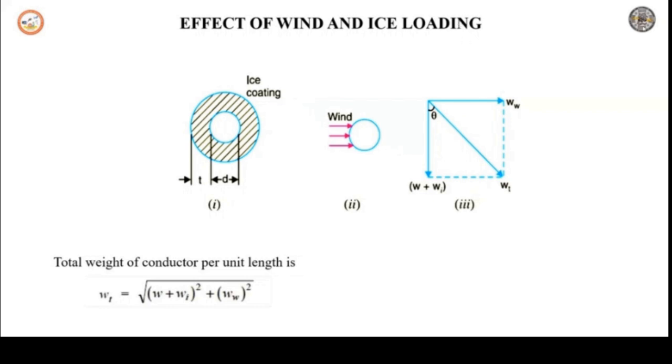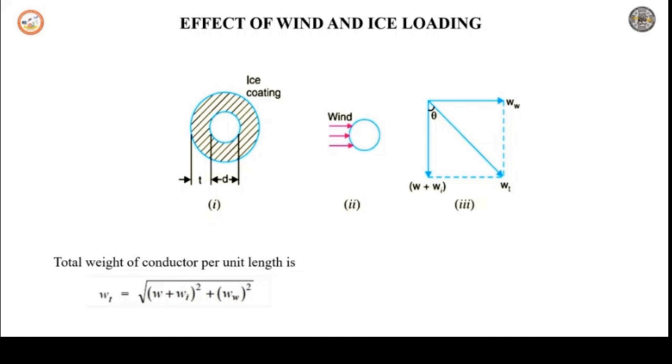The wind flows horizontally. Therefore, wind pressure on the conductor is considered to be acting perpendicular to the conductor. Thus, force due to wind acts at right angles to the projected surface of the conductor. You can see that it is shown properly.